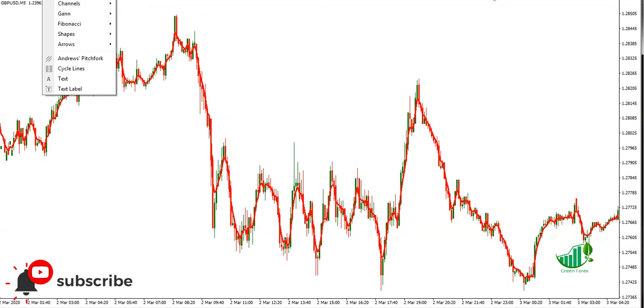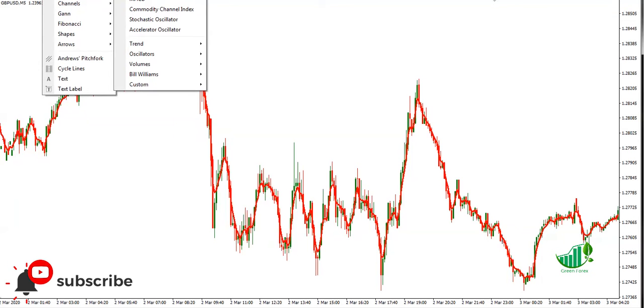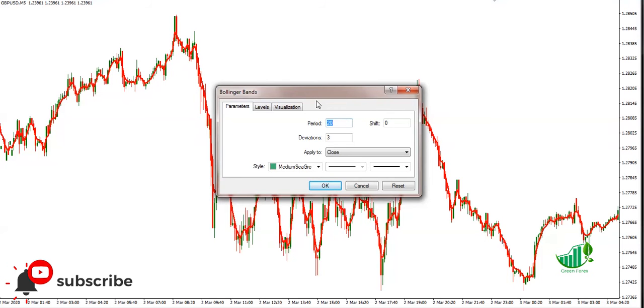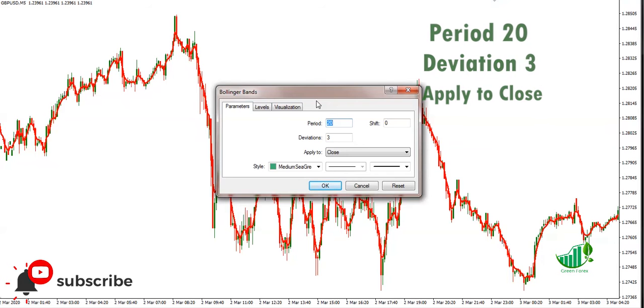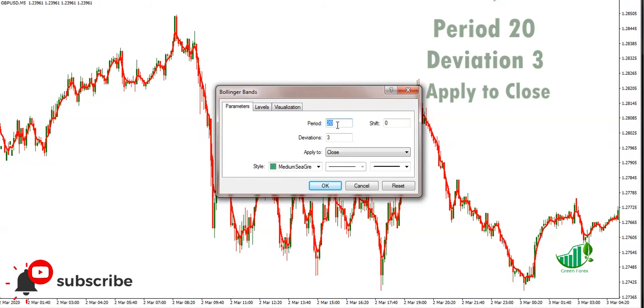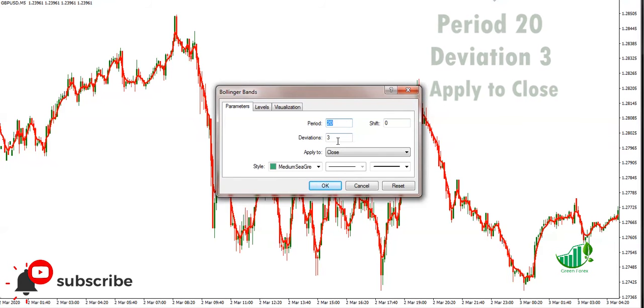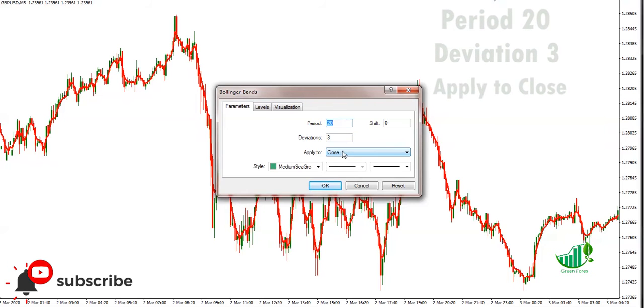Now we come to the second indicator, Bollinger Bands. Period 20, deviation 3, and apply to close.